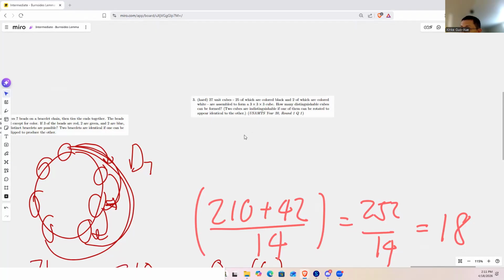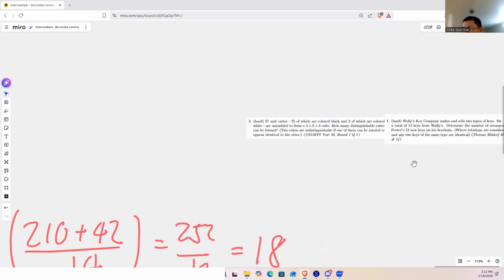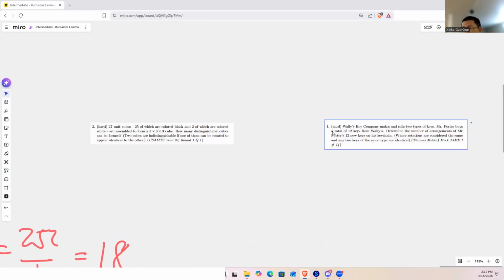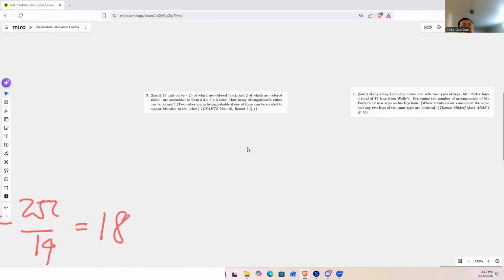Well, this is Burnside's lemma again. We can use Burnside's lemma again. I'll give you a minute to work on it, and then we'll talk about it.